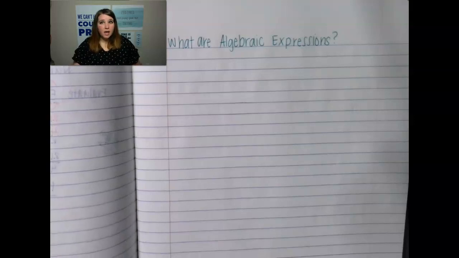Talking about algebraic expressions. So we've been learning about numeric expressions, and numeric expressions we know are just math sentences that have both numbers and operations. Well, now as we're jumping into chapter 5, we're going to be learning about algebra and integrating in letters.